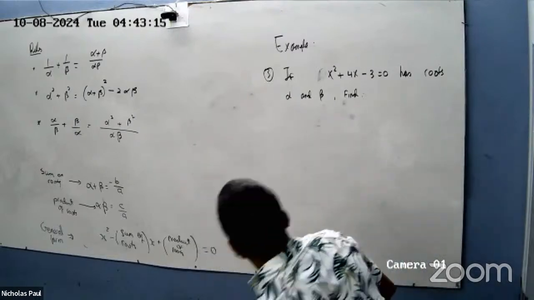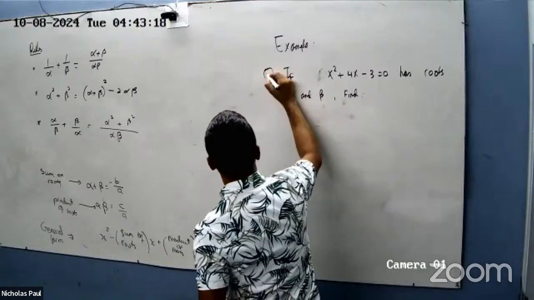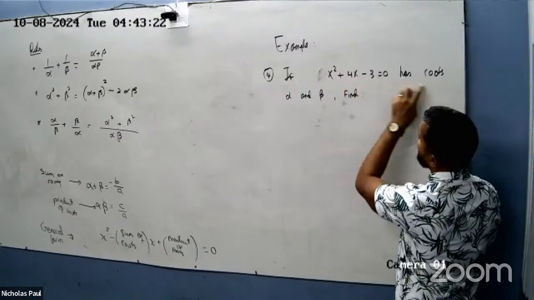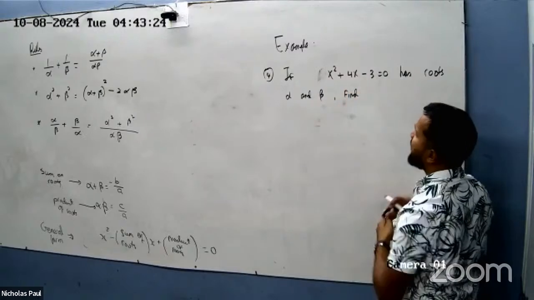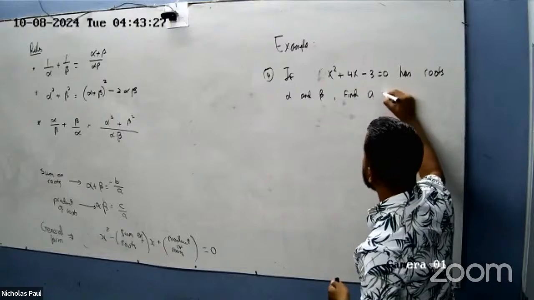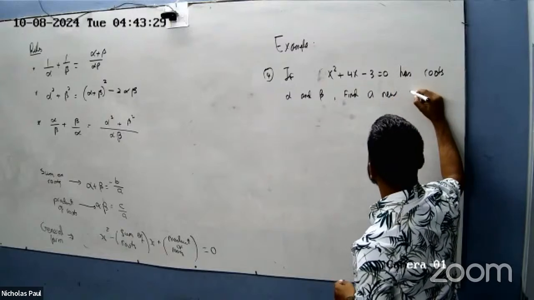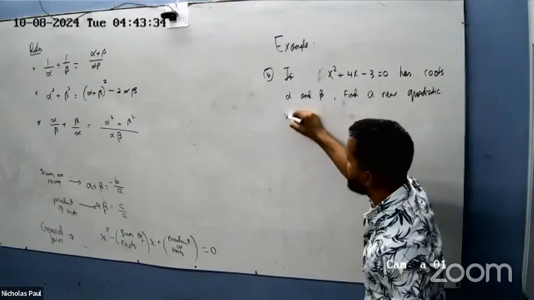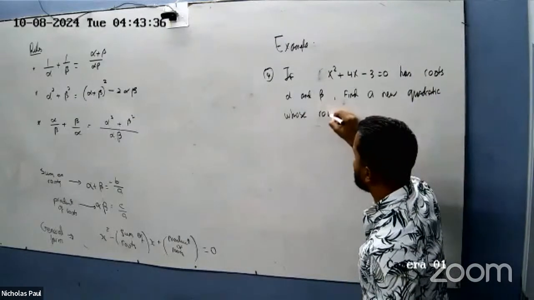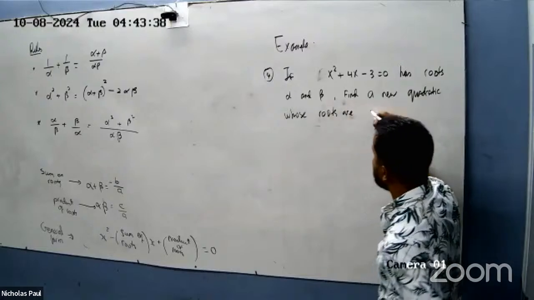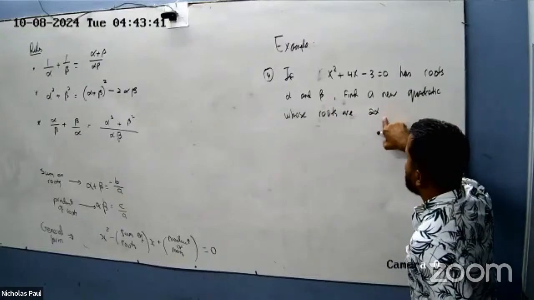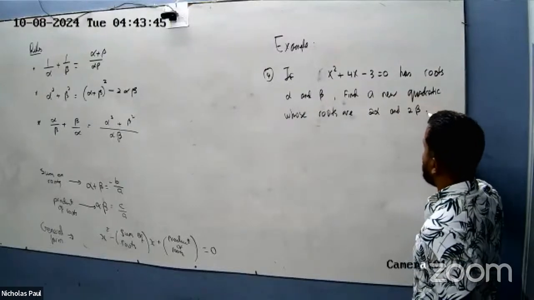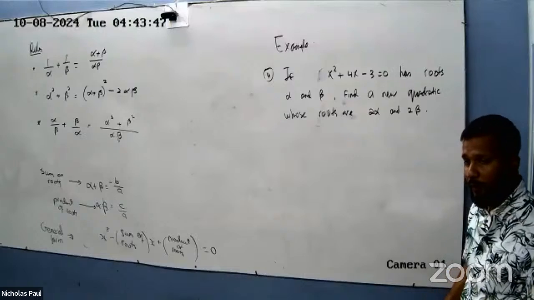Suppose I'm telling you a different question. Suppose I said if x squared plus 4x minus 3 has roots alpha and beta, find a new quadratic whose roots are 2 alpha and 2 beta. How are we doing now?